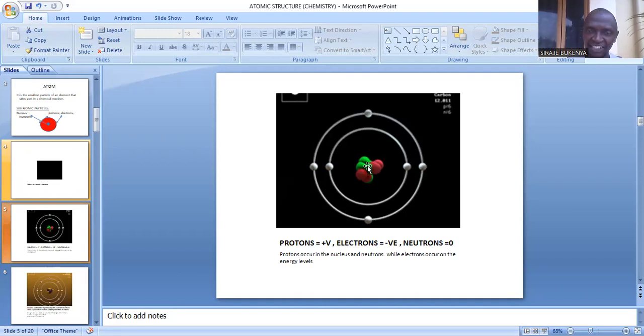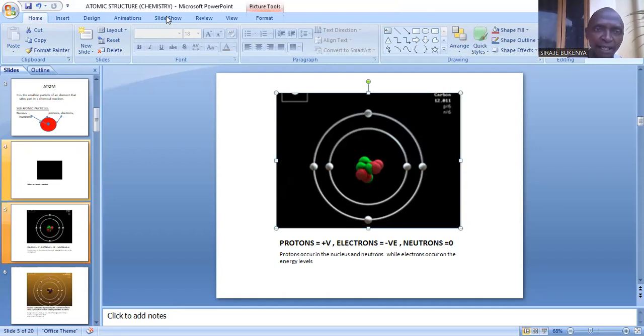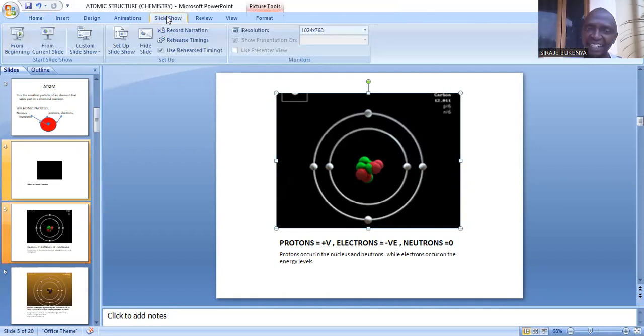So the electrons are moving around the shell, and they are negatively charged. They spin around the nucleus at different energy levels. As they spin, I'm trying to show you how they spin around the nucleus.